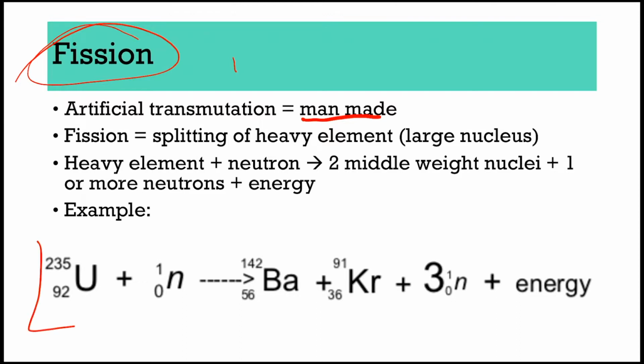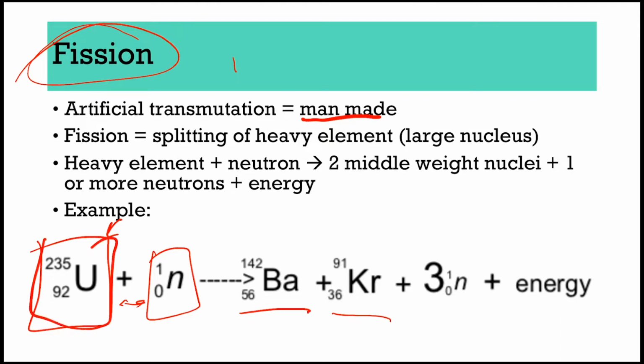Right here we have an isotope of uranium, and this isotope right now is stable. In order to get it to break down, a neutron is thrown at that uranium atom. When these two collide, the uranium breaks down into barium and krypton.